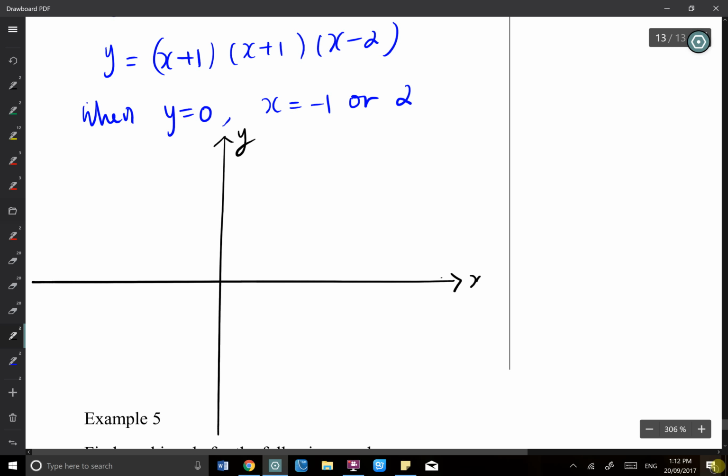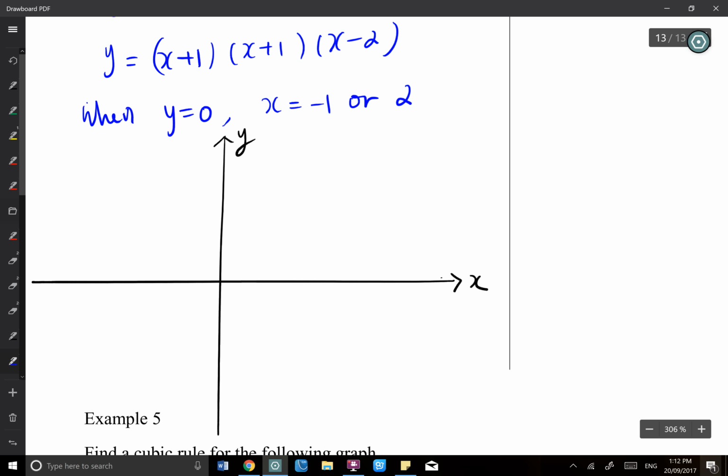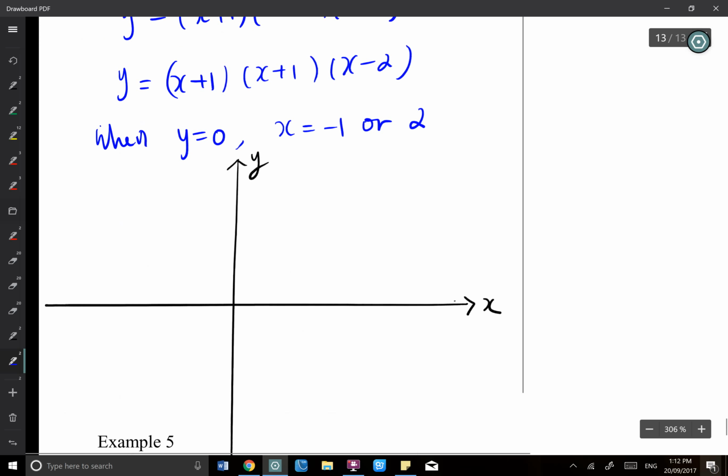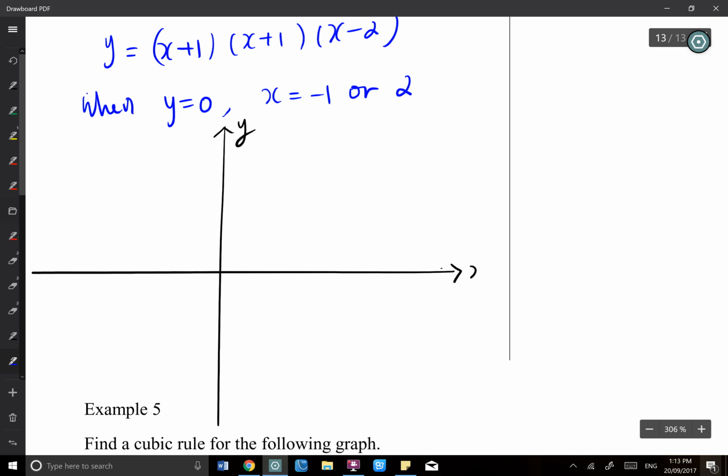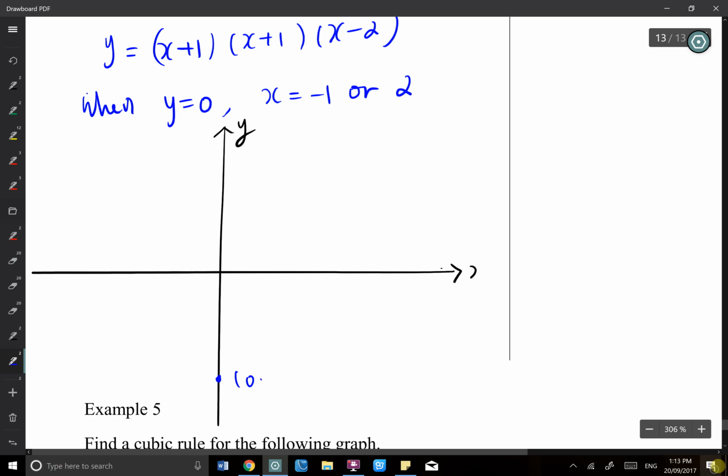Have y and x. Alright, I'll label the points. You have 0, -2 as my y-intercept. I have 0, -2, and you have 2, 0, and then -1, 0.